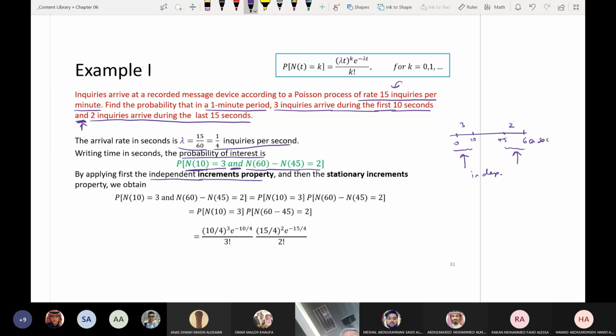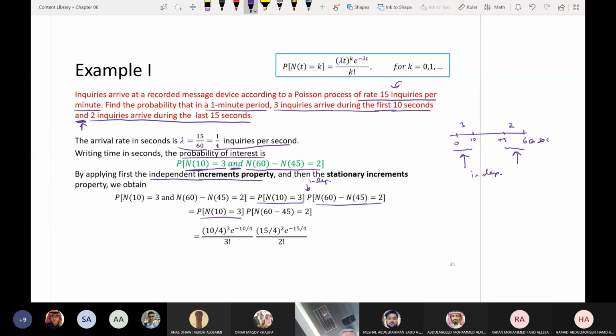Because of that, I can write this probability as the probability that N10 equals 3 multiplied by the probability that N60 minus N45 equals 2, multiplied because of independence.